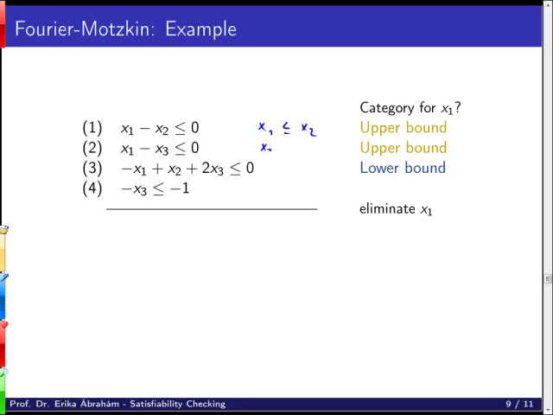If I bring x1 to one side, this one is x2 plus 2x3 less or equal to x1. So what is the combination of 1 and 3?